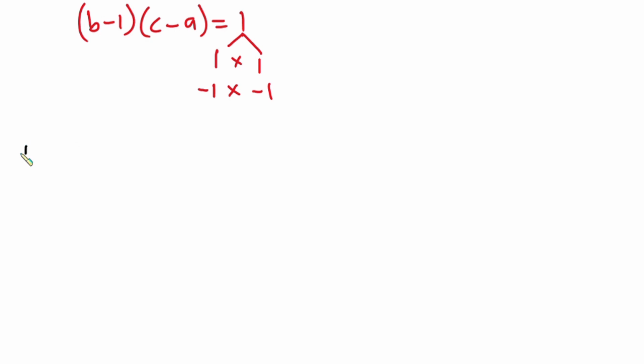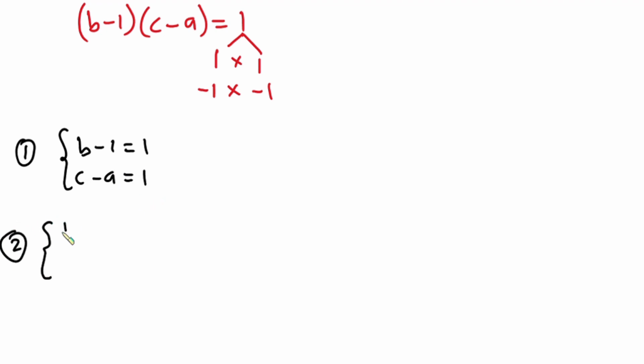From the first case, which is case 1, we have b minus 1 is equal to 1, and then c minus a is also 1. Then from the second case, we have b minus 1 is equal to -1, and then c minus a is also -1. So let's solve for a, b, and c from each case.